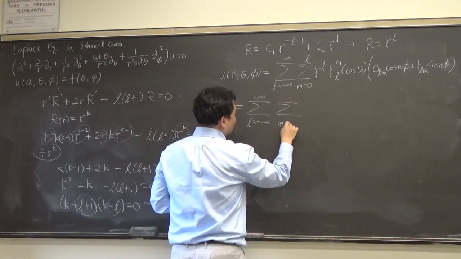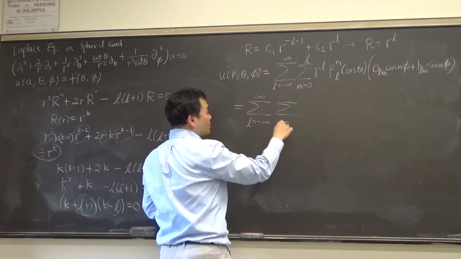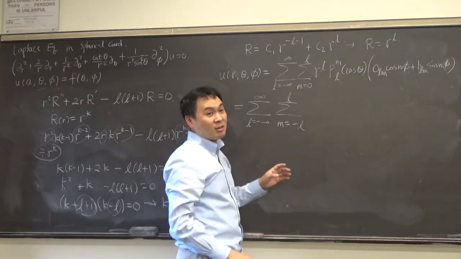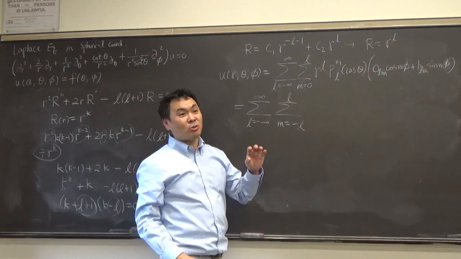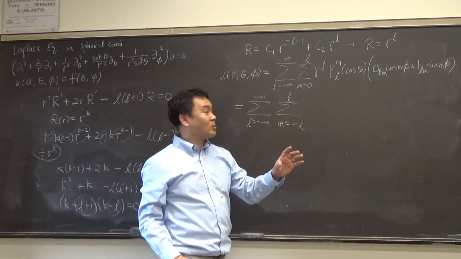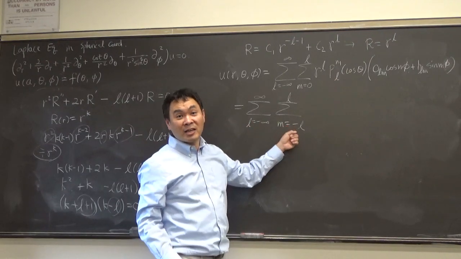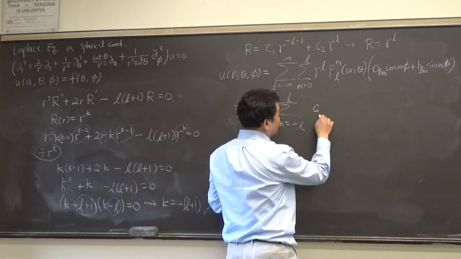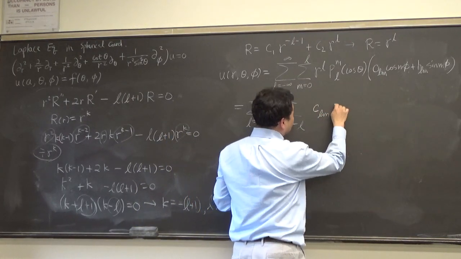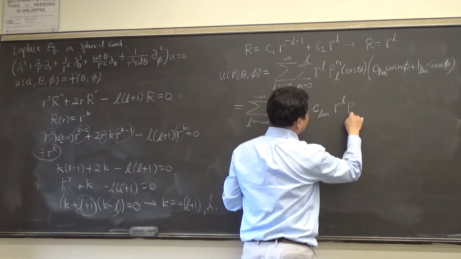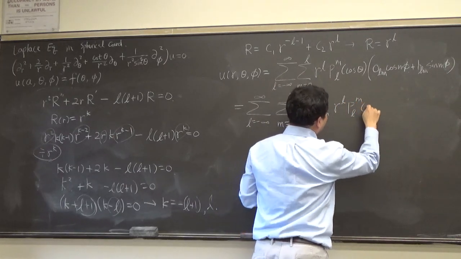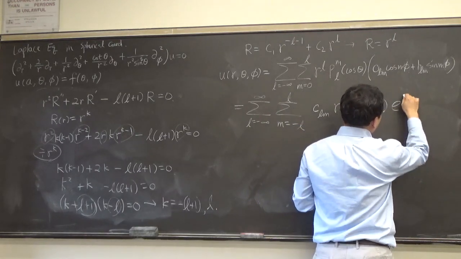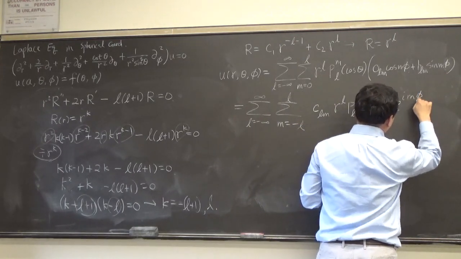You don't put m as 0 to L, but make it go from negative L to positive L. That way, even if you only write a single m, you have both the negative and the positive. Right? So it will be like C_Lm r to the L P_L^m cosine theta e to the i m phi.